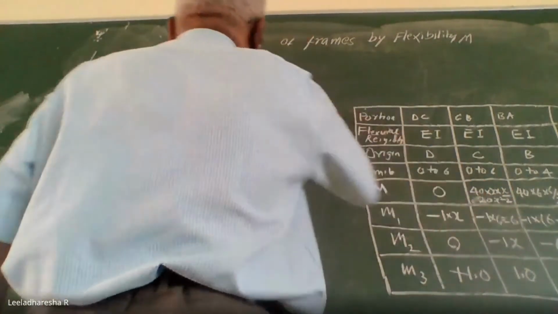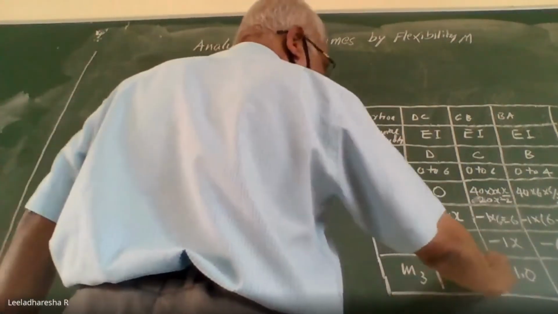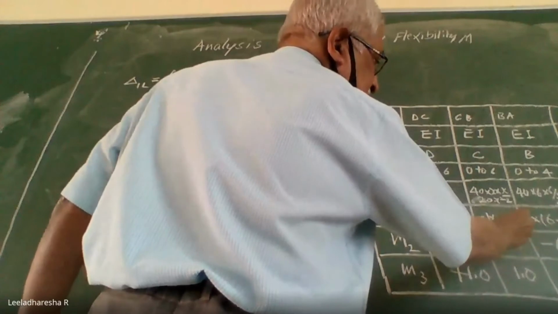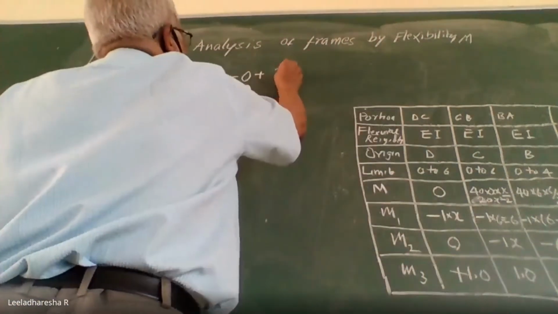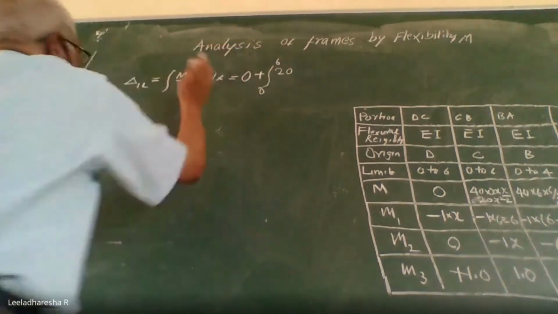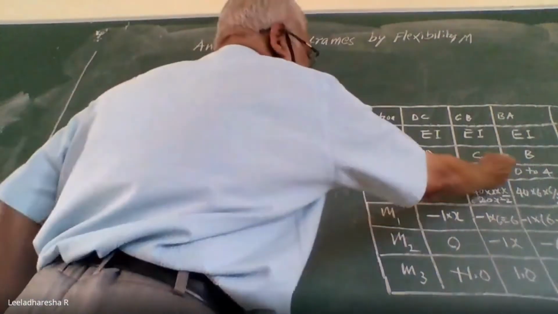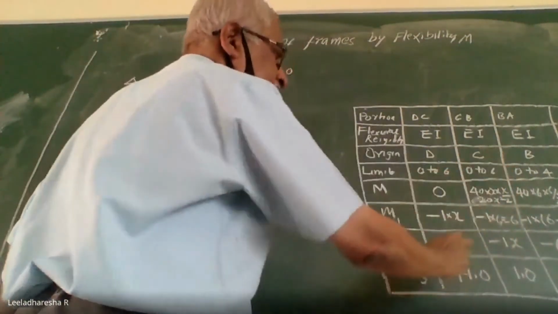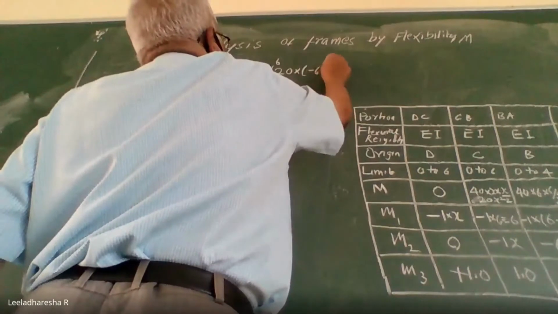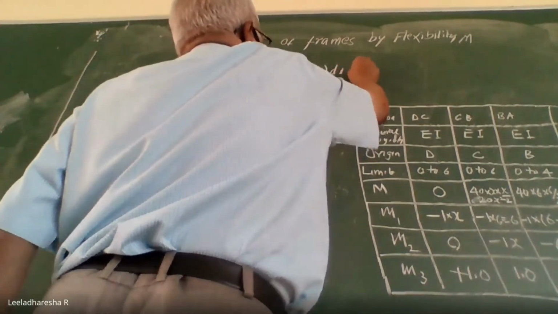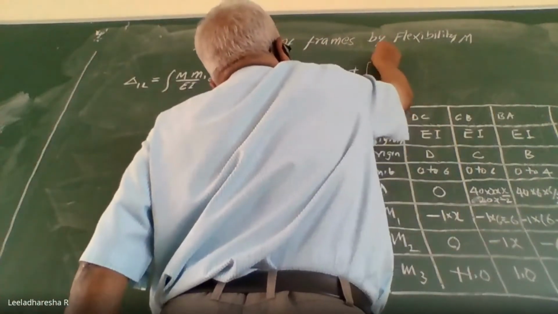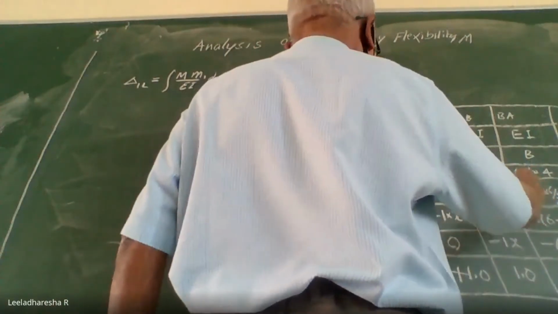Coming to the second portion, plus M into M1, 20x square into minus 6. So integration between the limits 0 to 6, because BC has a length of 0 to 6, 20x square into minus 6 dx, plus the third portion between 0 to 4, M into M1 for the second one.